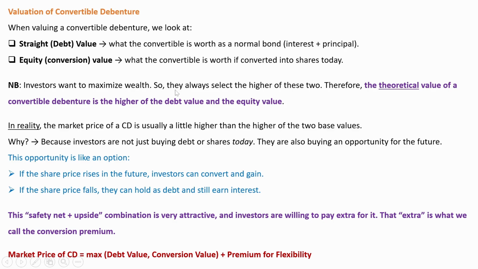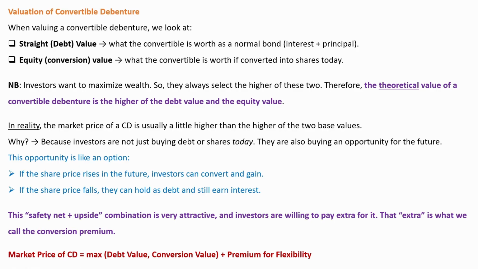So they always select the higher of the two. If conversion into equity will give you a higher value, then you're going to select that one. You're going to convert into shares. But if conversion gives you less, then you will not convert. Instead, you are going to remain with the debt.